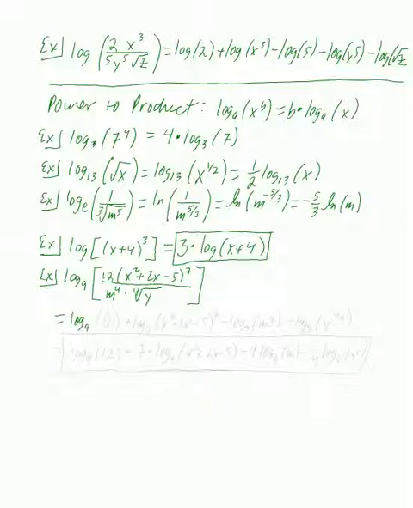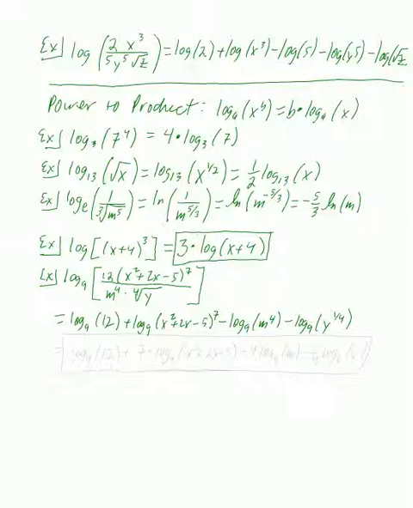Log base 9 of 12 plus log base 9 of x squared plus 2x minus 5 raised to the 7th power minus log base 9 of m to the 4th. Again, minus, remember the y is in the denominator, log base 9, and I'm going to write that as y to the 1/4 power, so we can directly see that.